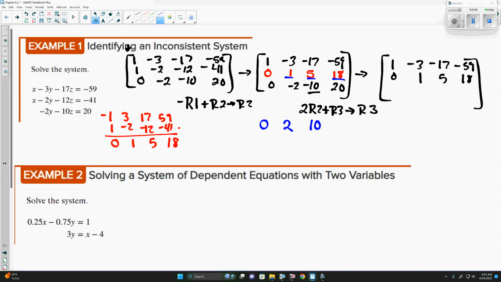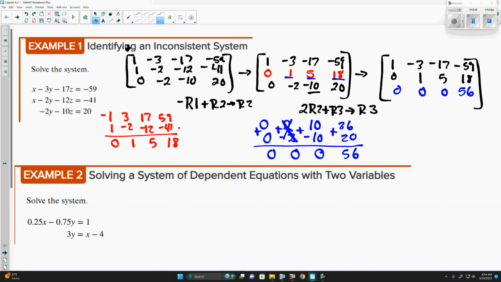And 2 times 18 is 36. And then we add these together. 0 plus 0 is 0. 2 plus -2 is 0. They cancel out. 10 plus -10 is 0. And 20 plus 36 is 56. So we get 0, 0, 0, 56.